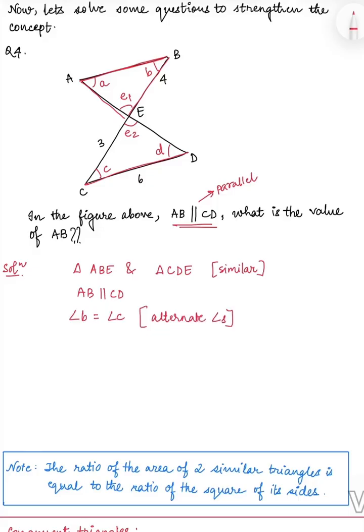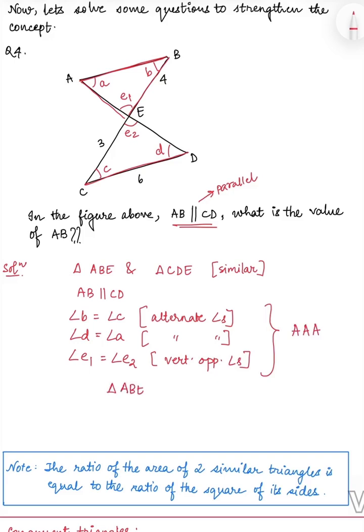Again, angle D is equal to angle A because they are alternate angles, and angle E1 is equal to angle E2 because they are vertically opposite angles. Now we see that this is the property of AAA because all three angles are equal to each other. So we proved that triangle ABE is similar to triangle CDE.